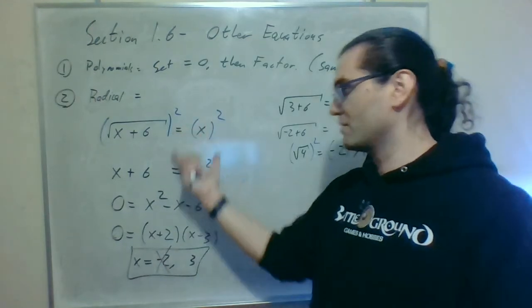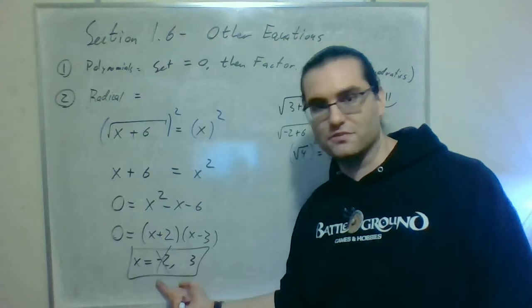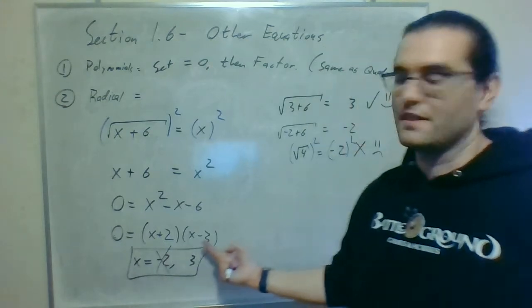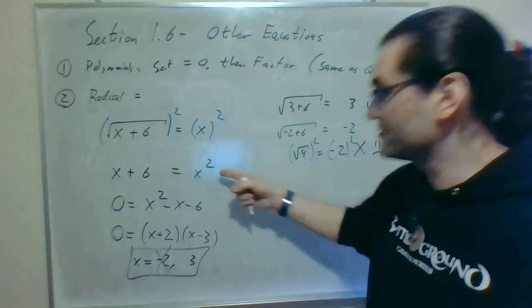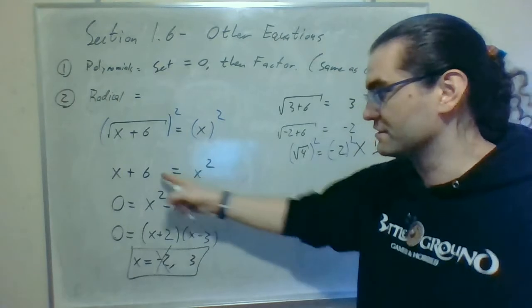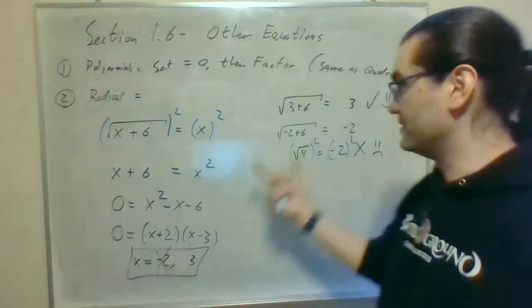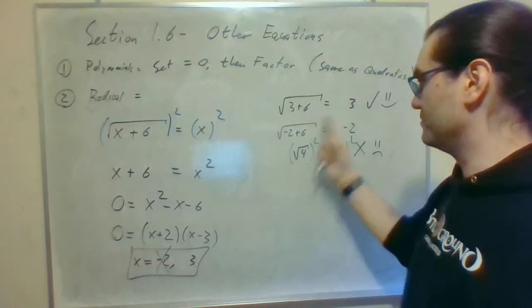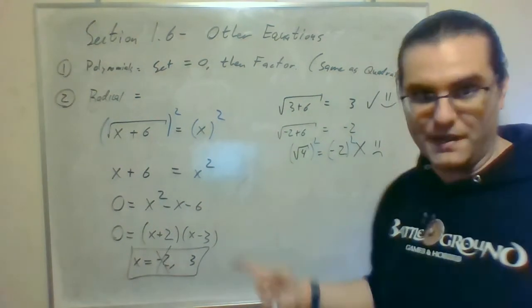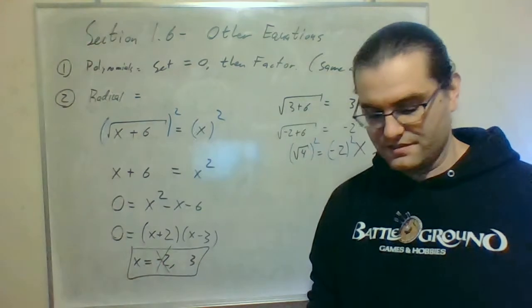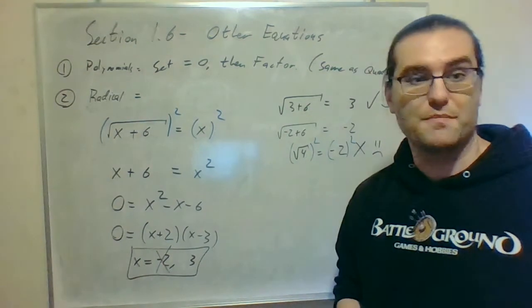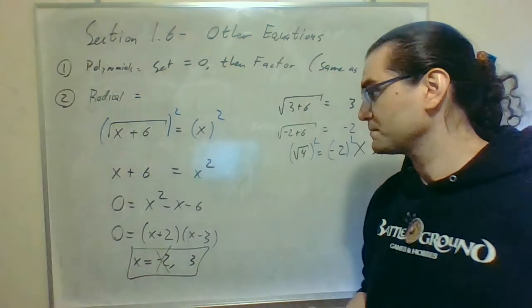Squaring both sides of an equation can introduce false solutions that solve the squared version of the equation because squaring the equation makes everything positive, but they don't solve the original version of the equation because there's a positive and negative mismatch. That is the big advice here in the takeaway.